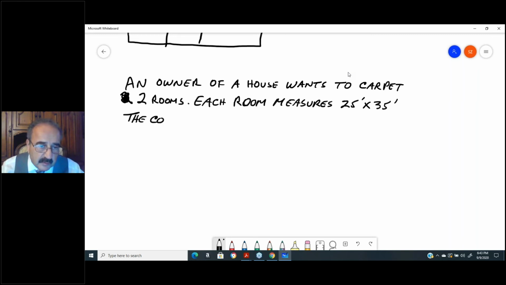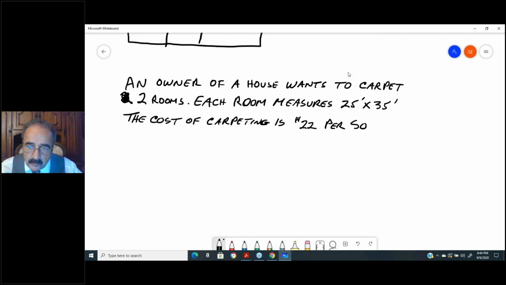The cost of the carpeting is $22 per square yard. Question is, how much did the carpeting cost?